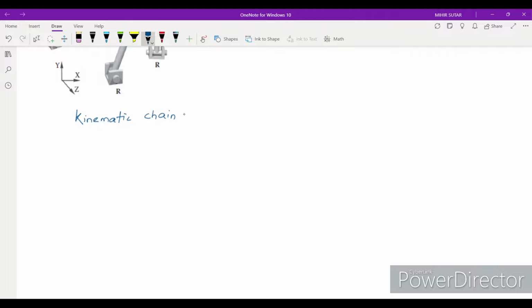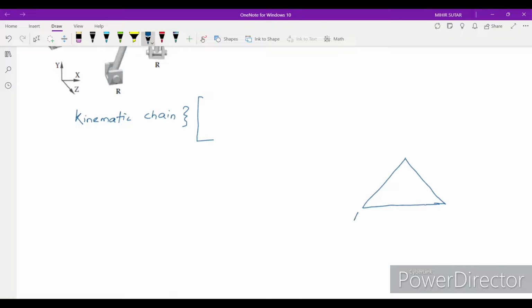What is a kinematic chain, and what are the three different categories, we also discussed. Now a few other aspects are important. If someone asks you, let's say there are three links connected to each other.